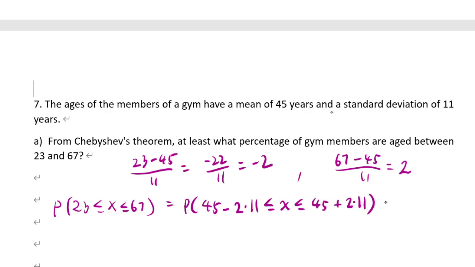And Chebyshev's theorem says that this probability is greater or equal to 1 minus 1 over k squared, where k is this value here. So it's 2 squared. So that would be 1 minus 1/4, which is 0.75. So we know that at least 75% of the members will be between 23 to 67.